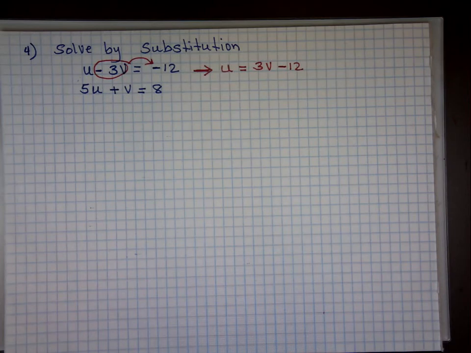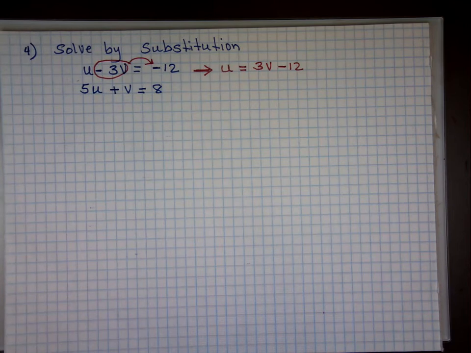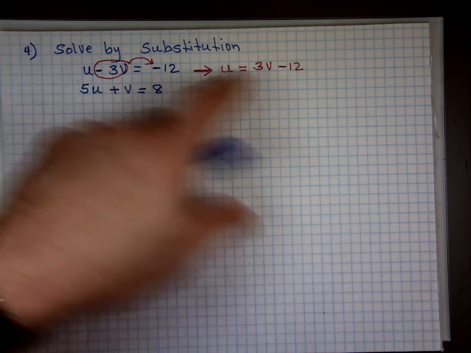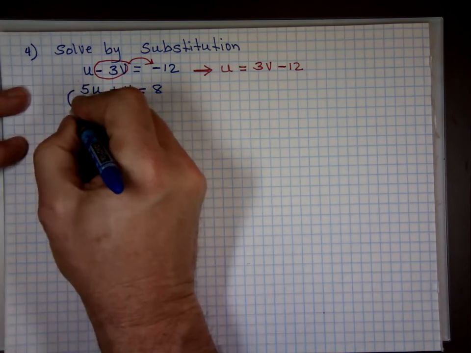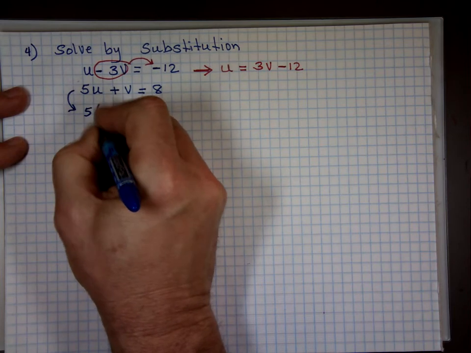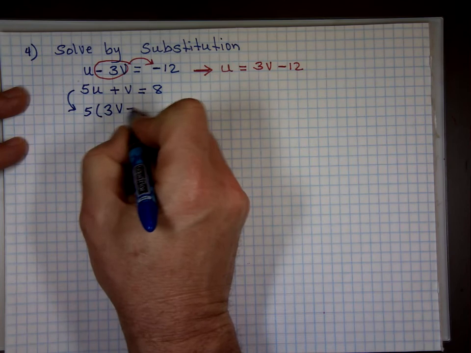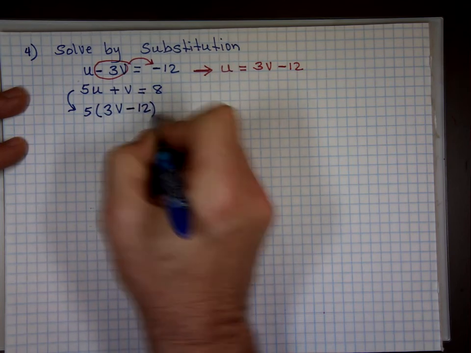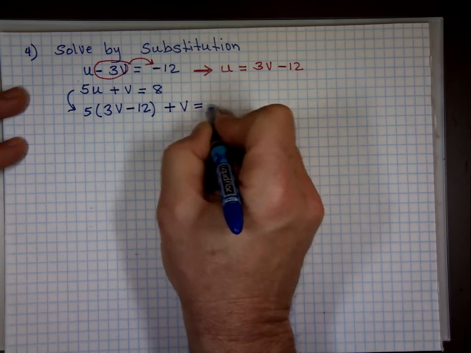Now go to the second equation, which is this one, and replace u with 3v minus 12. So here we go. 5 times, in place of u, let me write 3v minus 12, plus v equals what? 8.